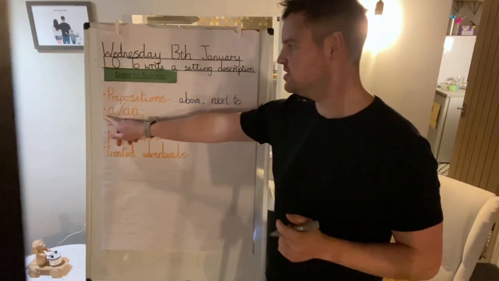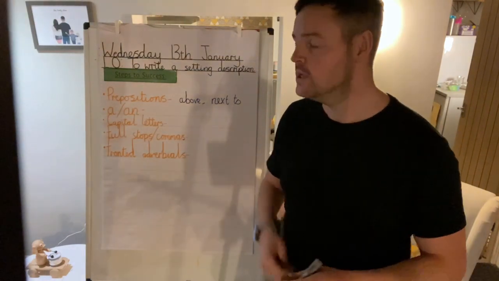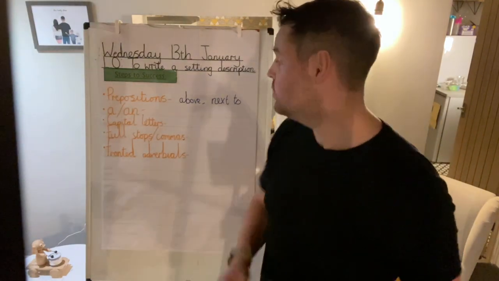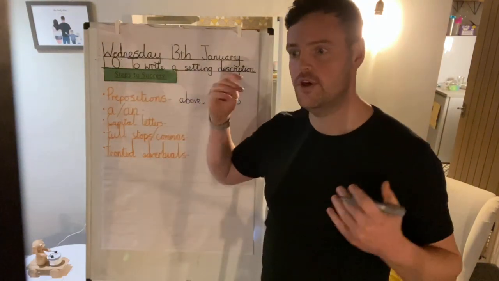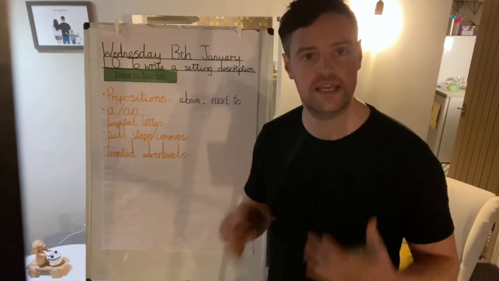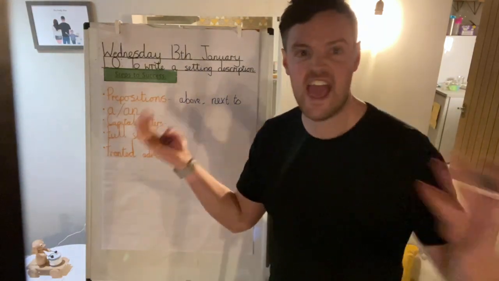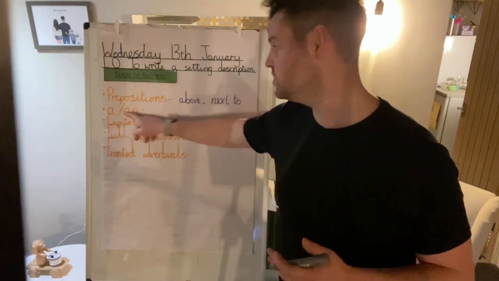Our next one is to use a and an correctly, okay? Now remember, we spoke about this the other day. We said that the general rule is if the noun begins with a vowel, such as an egg begins with E, which is a vowel, we need an. If it's a consonant, we need a.